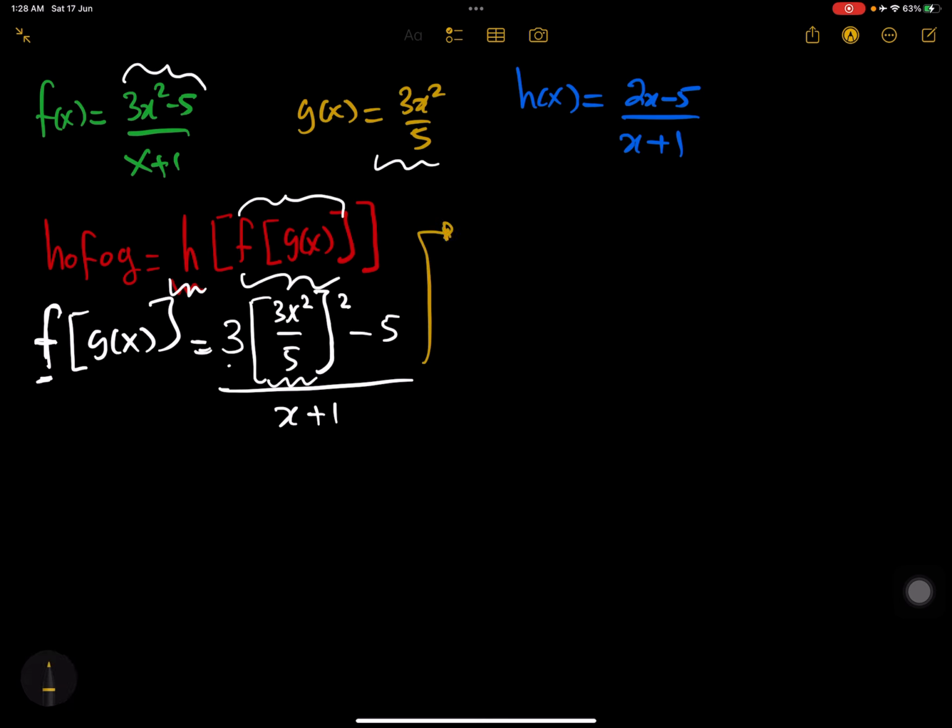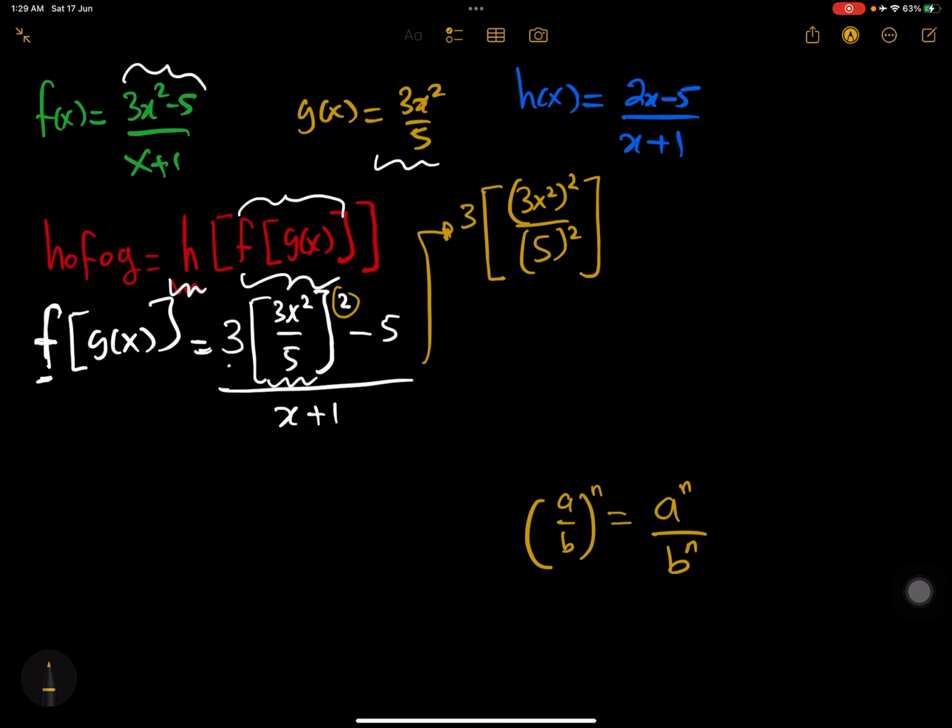We're going to have 3 times 3x squared divided by 5 squared. Remember, if you have a divided by b to the power of n, it is a to the power of n divided by b to the power of n. We applied this square to both of them, and then we have minus 5.